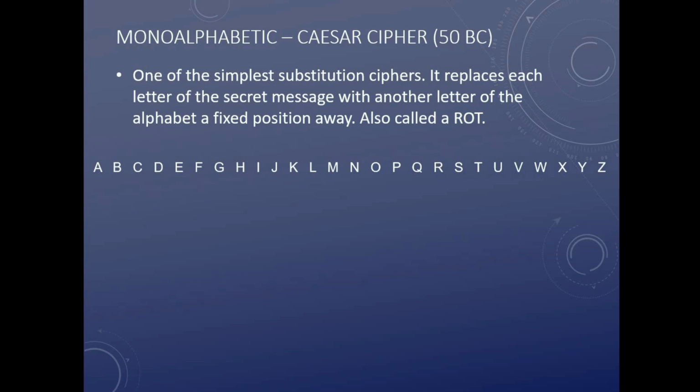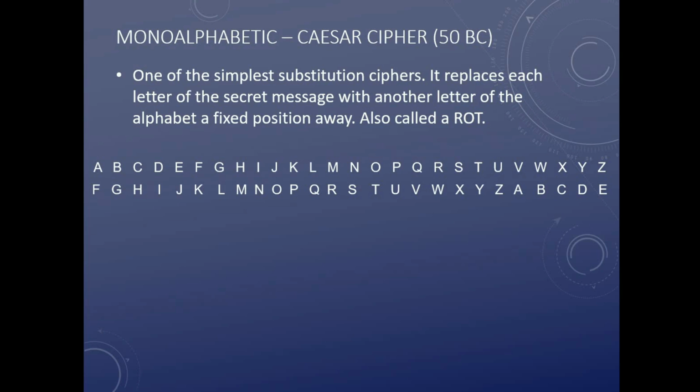So if we have our alphabet A through Z, you just rewrite the alphabet underneath the original alphabet, but you slide it. If you slide it 3 places, it's known as a rot 3. You slide it 5 places, it's known as a rot 5. 13 places is known as a rot 13, which is actually still used because there's some extra things we do to rot 13s.